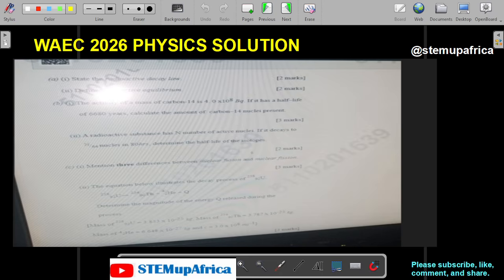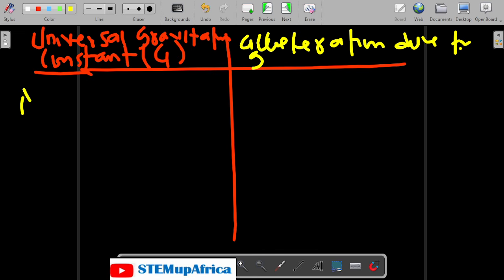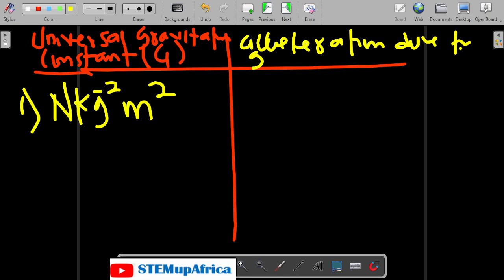So I can use the unit to differentiate it. While acceleration due to gravity is meter per second squared.